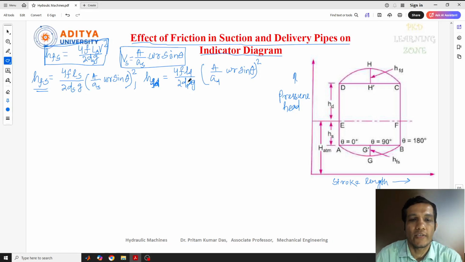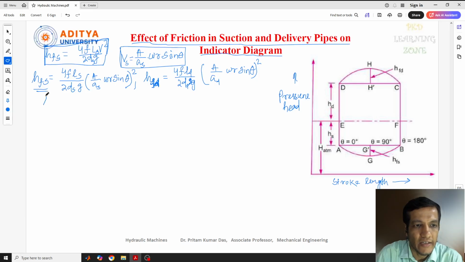These are the two equations we already derived previously, the loss of head due to friction in the suction and delivery pipes.